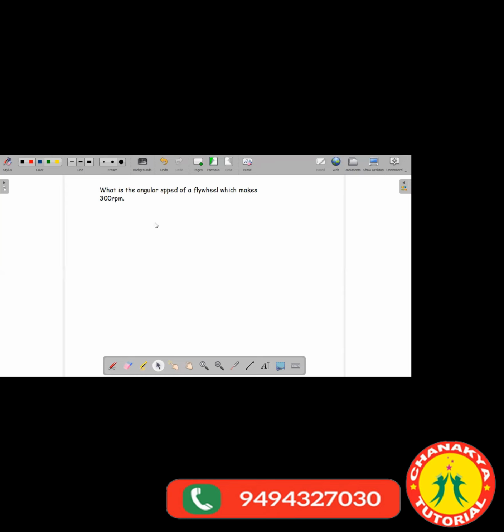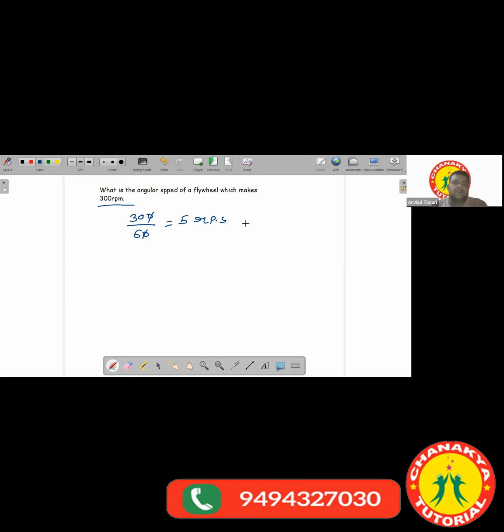Okay, for this one, your answer would be, what is this RPM? We need to convert it to RPS, revolutions per second. So it has to be 300 divided by 60. So you get 5 revolutions per second. Now this 5 revolutions per second is the frequency, so we write it as f.